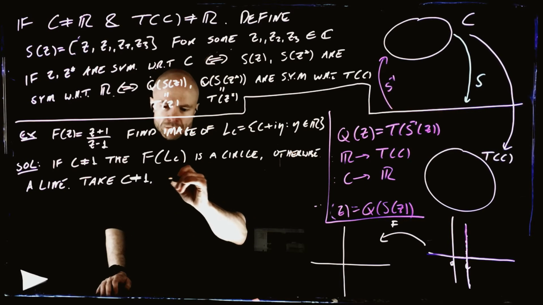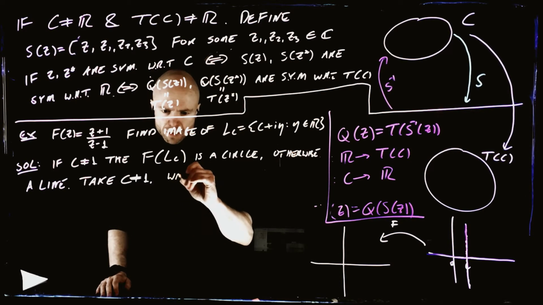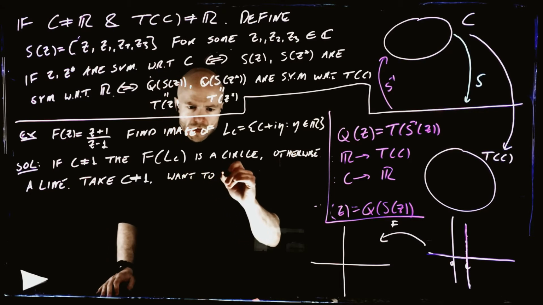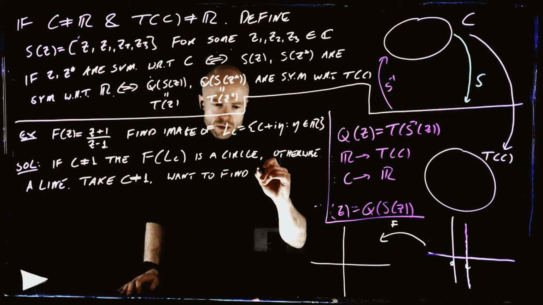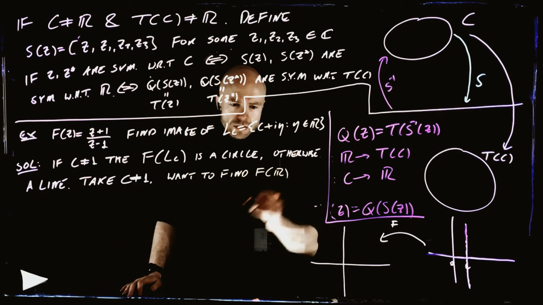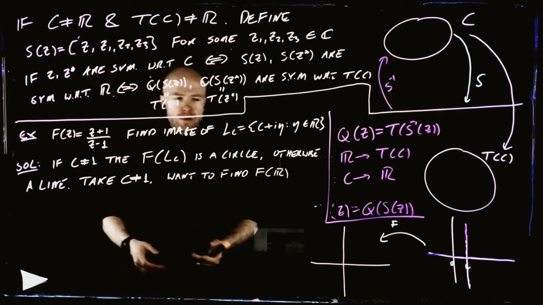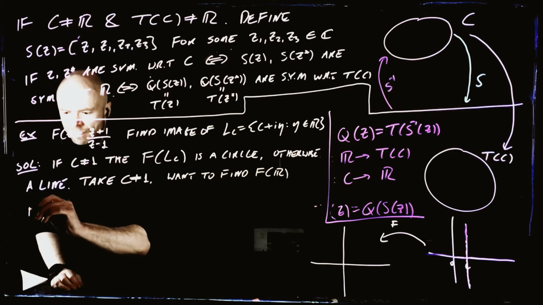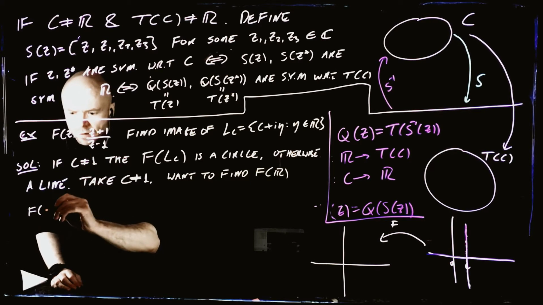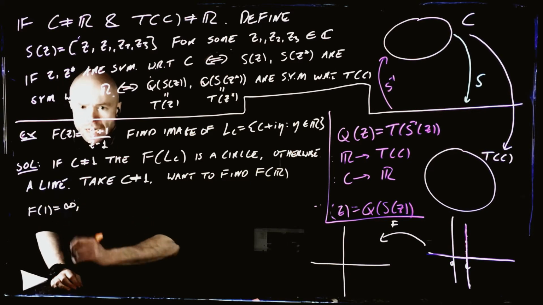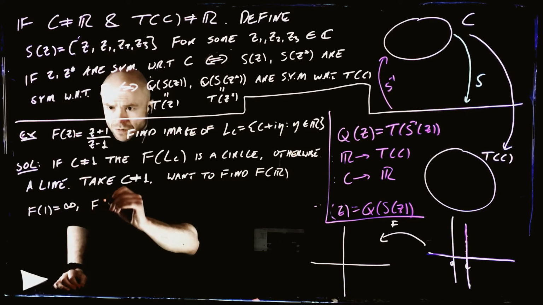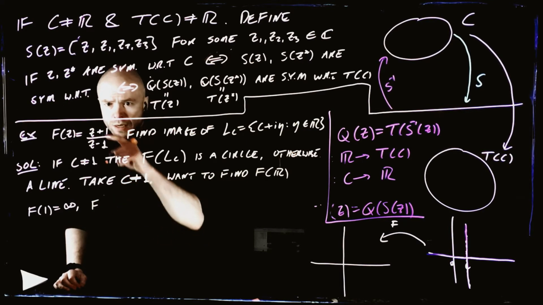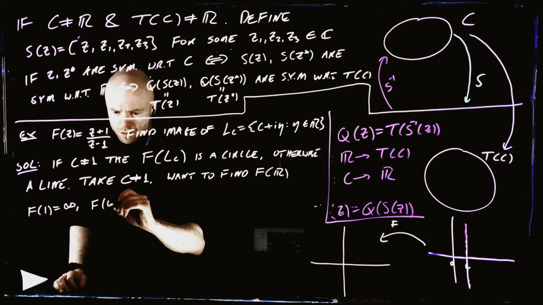We want to find f for the real line, because that's going to be easier than our general line L of C, right? And what do we notice? Well, we notice that f of 1 is infinity, as already pointed out. F of 0 is just going to be -1, right?